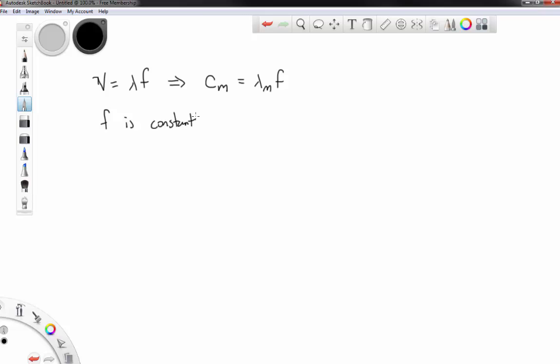So one approach to this problem would be to determine what the frequency of light at 532 nanometers in vacuum is. And you would do that basically by rearranging this equation up here. So you'd have c divided by lambda is equal to f, and that means that f is equal to c over lambda.